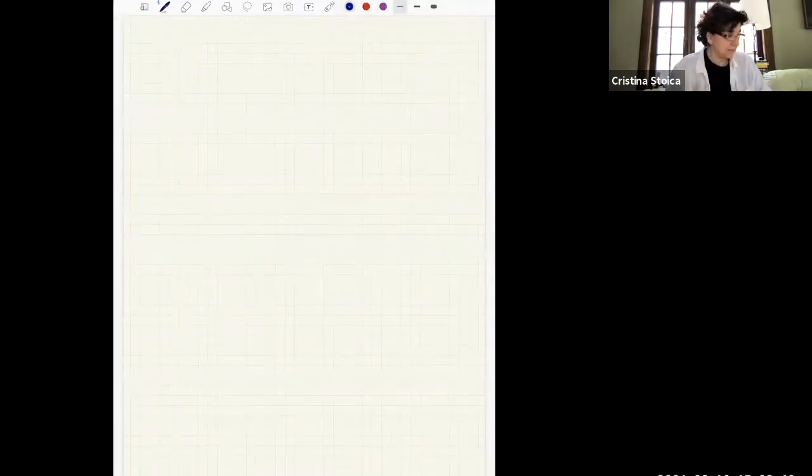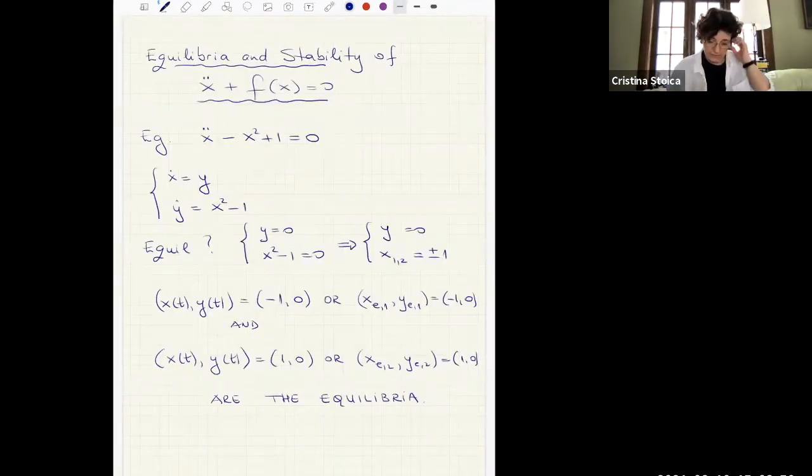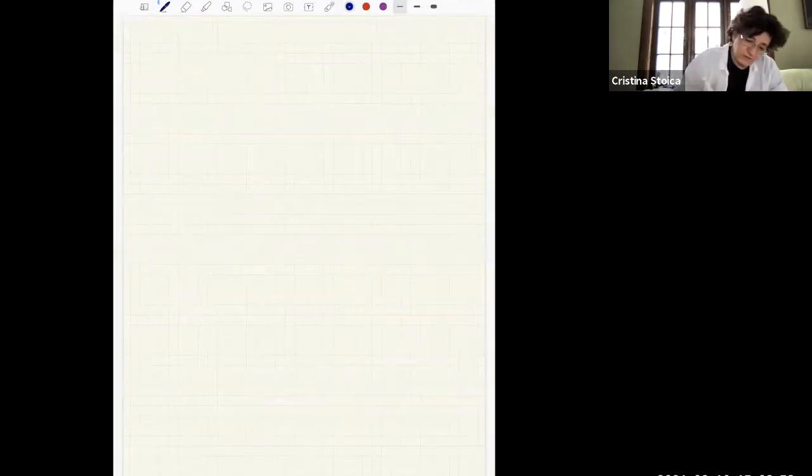An example. So let's say, find the equilibria of x dot equals x squared minus 1 plus y, and y dot equals x minus y.